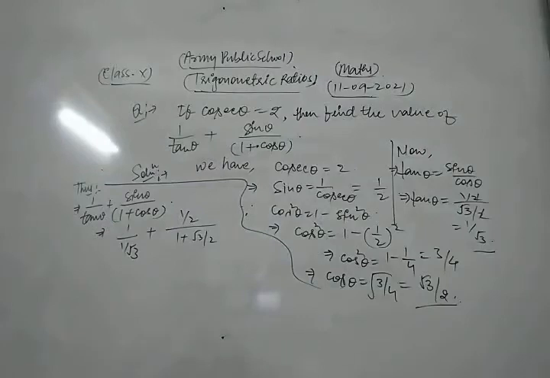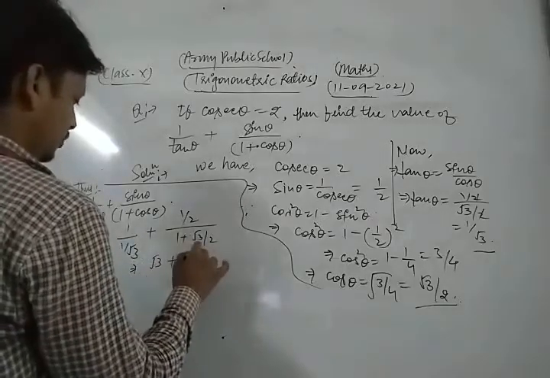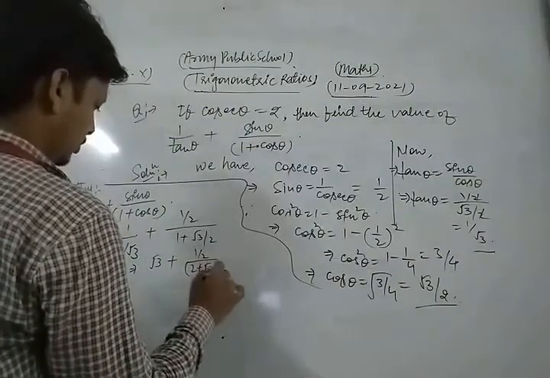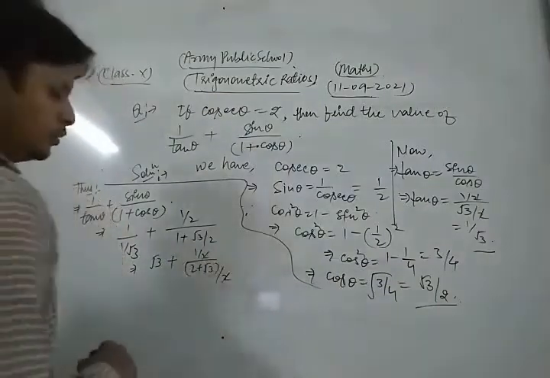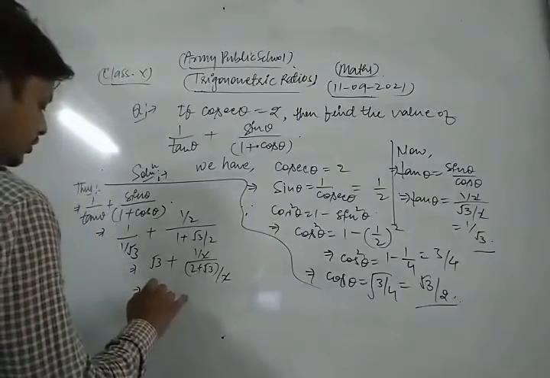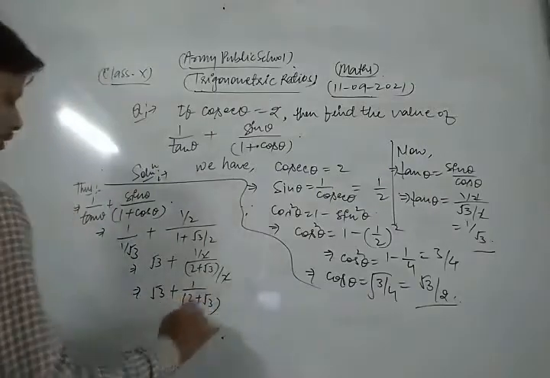Okay. Now we simplify them. So we get root 3 plus 1 by 2, this is 2 plus root 3 upon 2. 2 cancels each other. Now we get under root 3 plus 1 upon 2 plus under root 3.